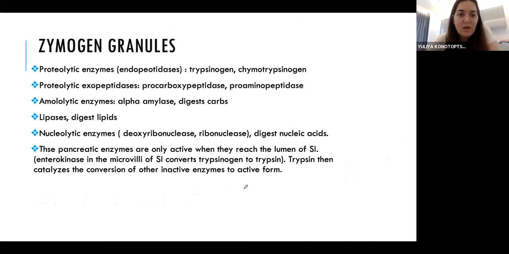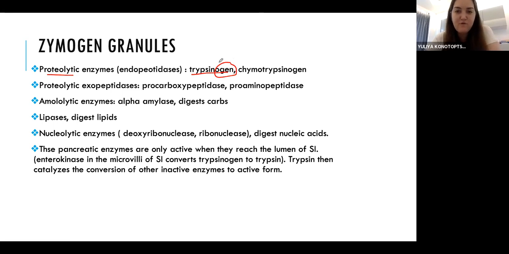Speaking of zymogens, which kind of zymogens does the secretory cell of the acinus make? Some of them are proteolytic enzymes, for example, trypsinogen, chymotrypsinogen, right? Notice we say trypsinogen because it is an inactive enzyme, a zymogen.